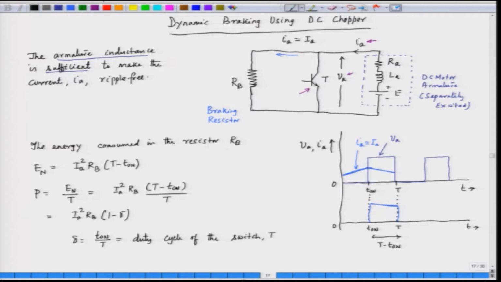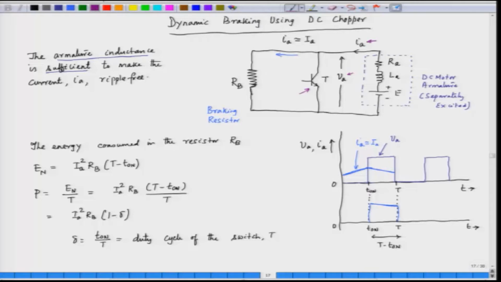By varying delta we are able to vary the braking power. So, the motor can be braked by controlling the duty ratio or the duty cycle of the switch T. So, the effective braking resistance seen by the motor is a variable one.